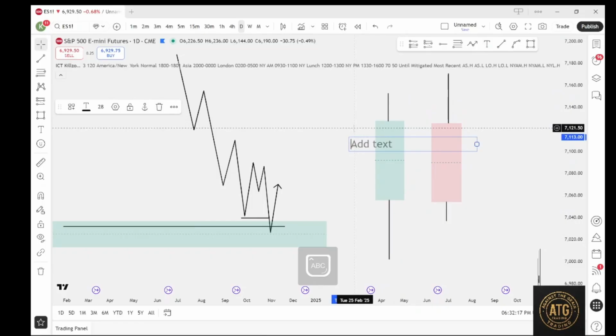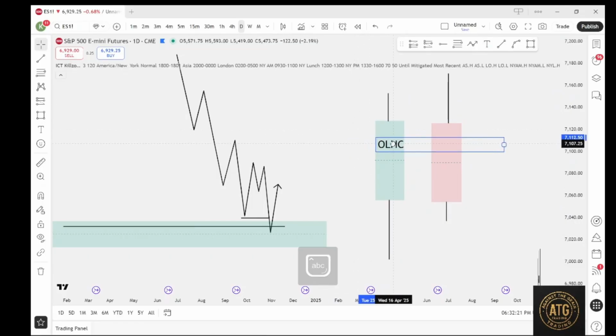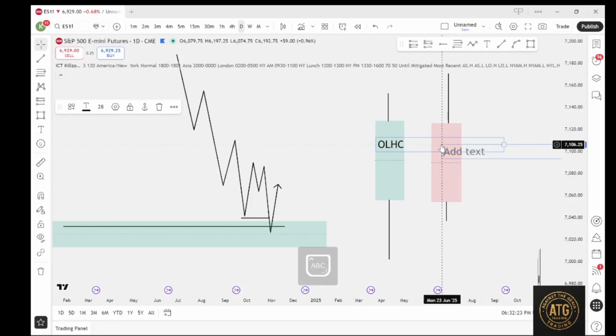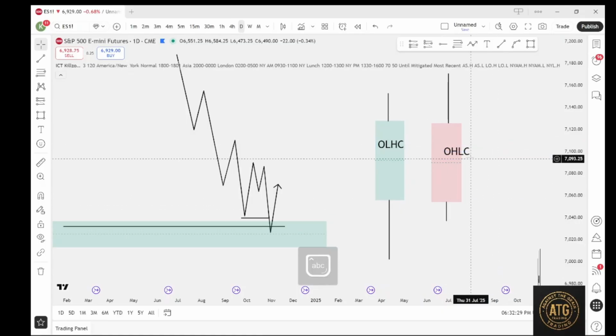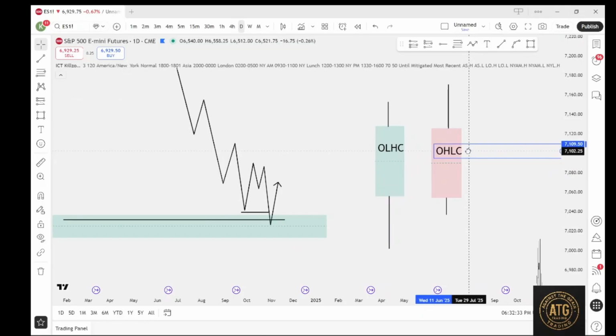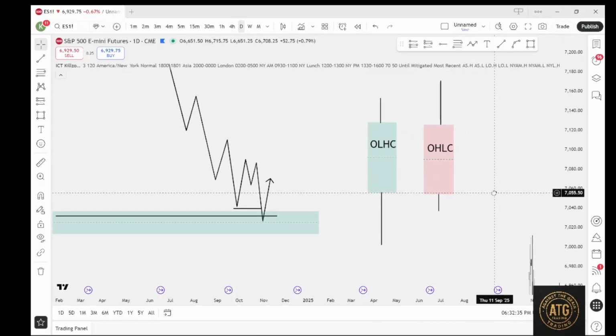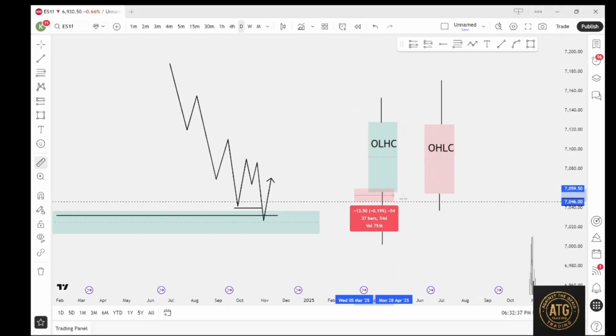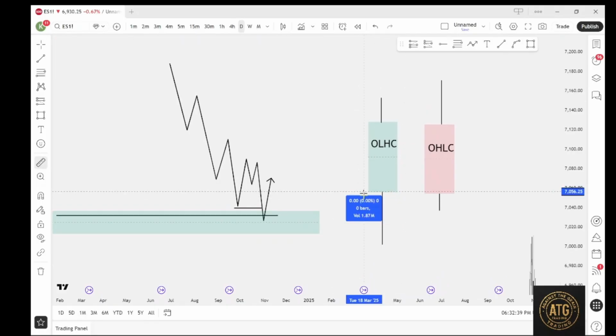So a bullish candle is going to be an open, low, high, close. And a bearish candle is going to be open, high, and then a low and a close. So the idea here, especially on your higher time frame candle, so 10 a.m. is the open of a new 4-hour candle, is we're going to open here on our bullish candle. We're going to put in a low.